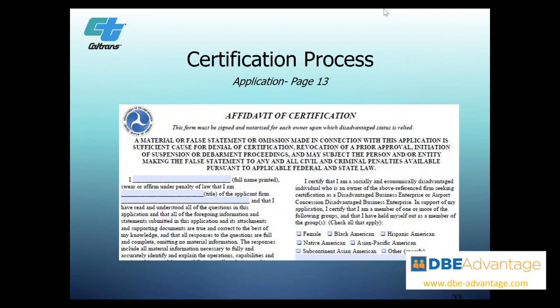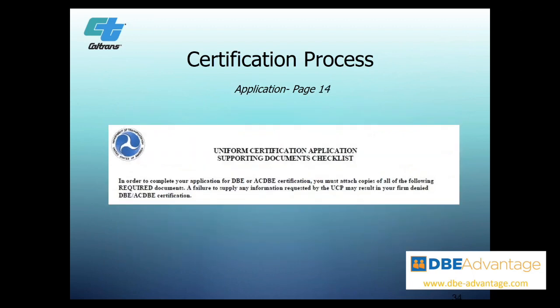We're happy to help you. We will provide you with information at the end of this webinar, but you can also ask the certifying agency, depending on who you're going through, and you can certainly go to Caltrans's DBE Certification Unit, and they have information on their website. So any questions you have at all during the certification application process, please make sure you ask if you're not sure about the information you're providing.